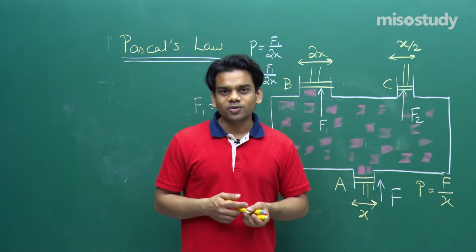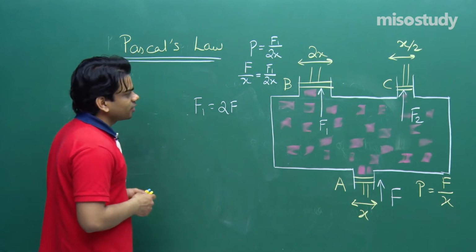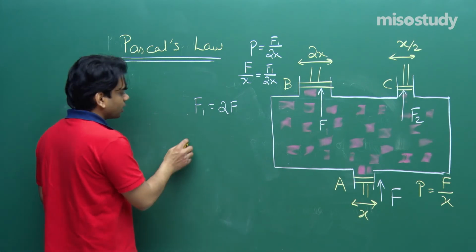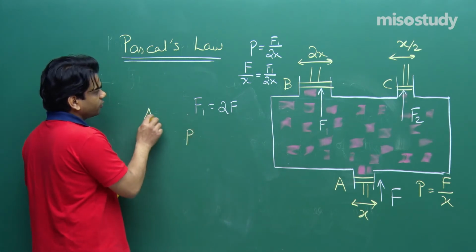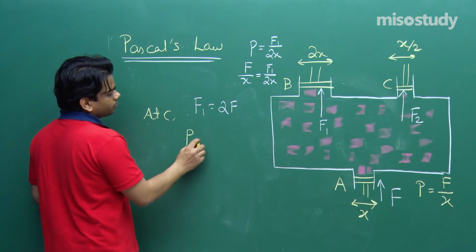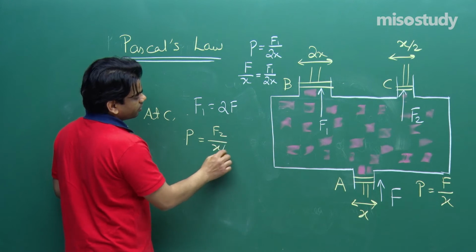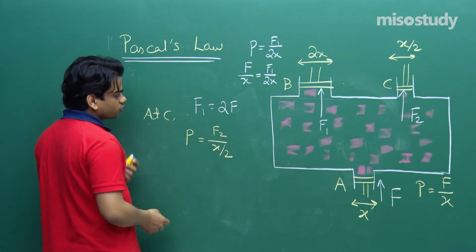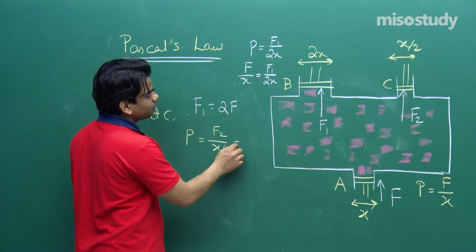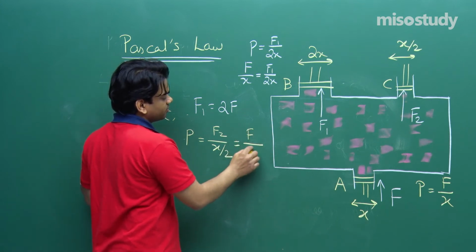Now let's go ahead with this part. The same change will be observed here also. So here, let's say the force is F2. We know that the pressure at point C will be equal to F2 by the area x by 2. This change in pressure is nothing but F by x.